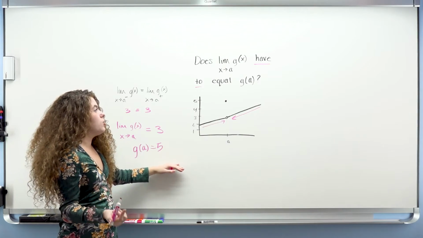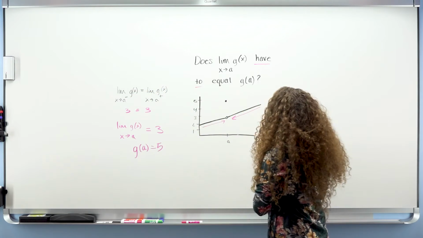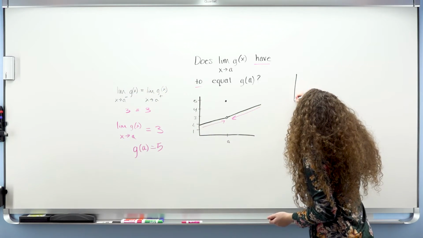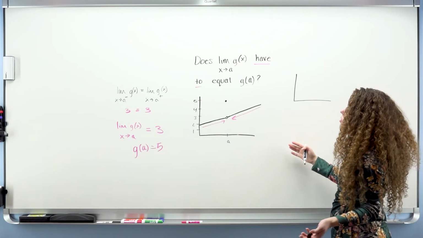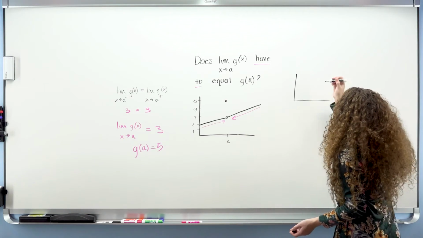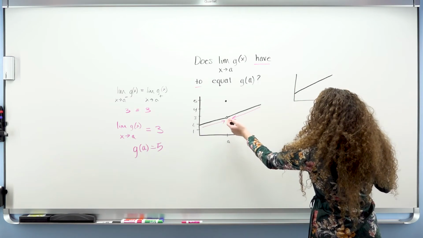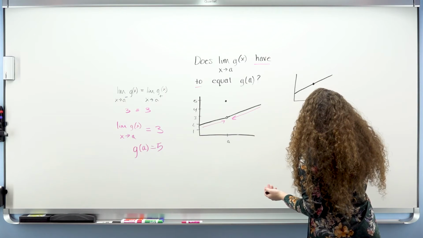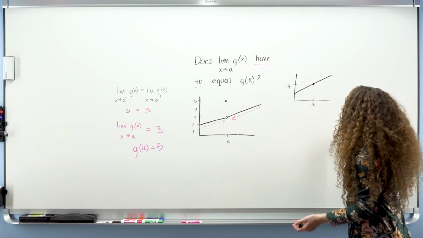So yes, there are cases where it does. We can have multiple graphs where it does, and we can have multiple graphs where it doesn't. So if we had just the same exact graph, but where it's defined at point a, well, let's say that's at 4.